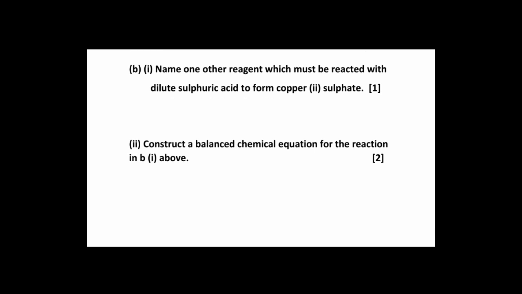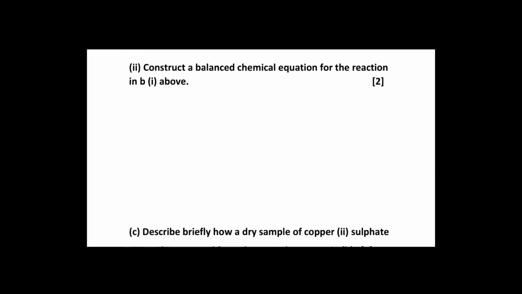Construct a balanced chemical equation for the reaction in B above. In B, where we have used copper 2 oxide and dilute sulfuric acid. So you understand that copper 2 oxide is an insoluble base. You remember, guys, all bases formed from transition elements are insoluble bases. So plus sulfuric acid in aqueous state.